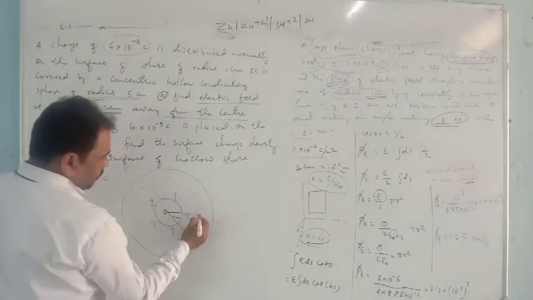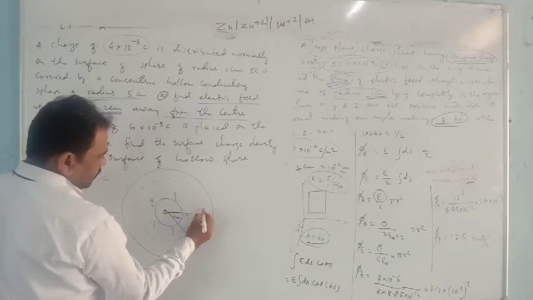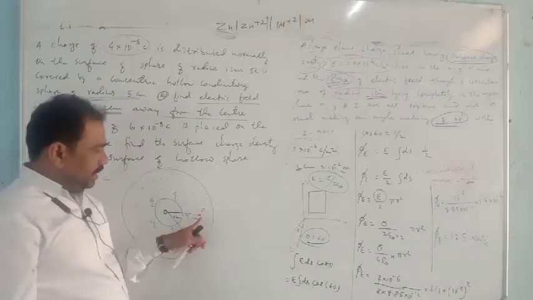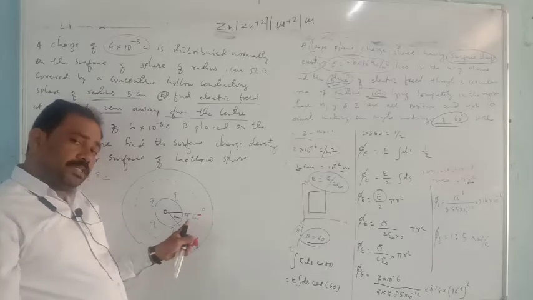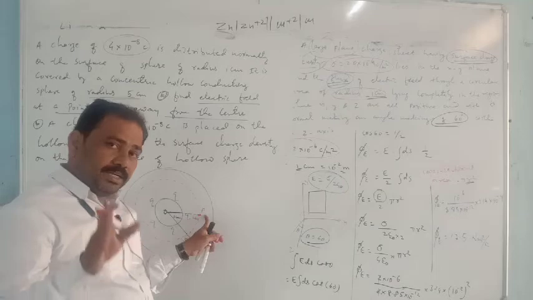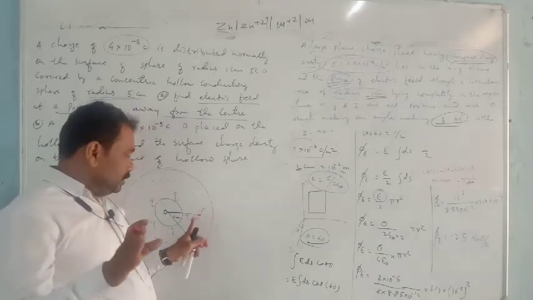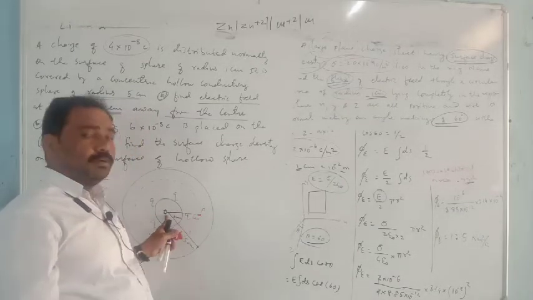So a point P is considered here, and the distance is 2 centimeter from the center of the sphere.